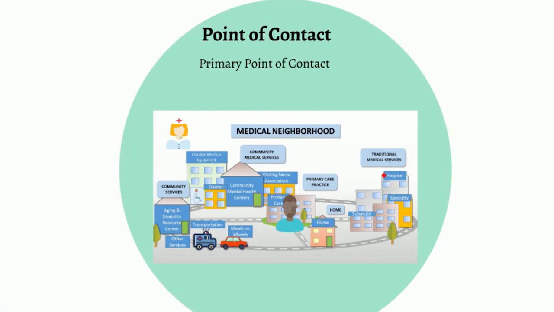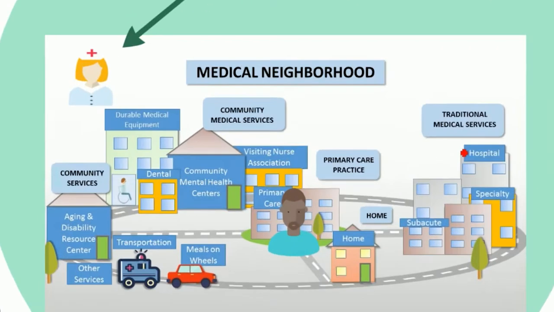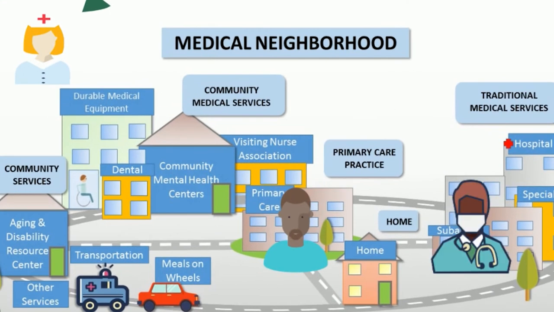One primary point of contact. If possible, having one care provider who serves as a point of contact for the person and everyone involved in his or her care eases communication and facilitates continuity of care transitions across settings.